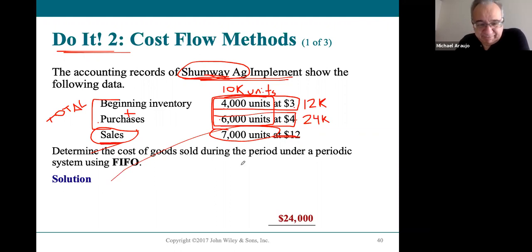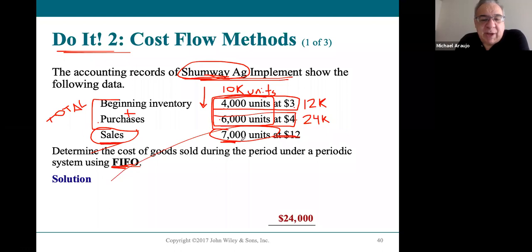Comedy's over for today. So if we use FIFO, what 7,000 units did they sell? What are the units that are left? If they use FIFO, the first ones in are the first ones out.